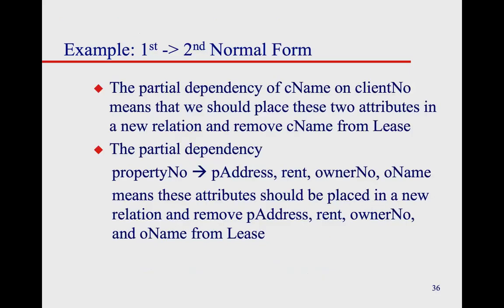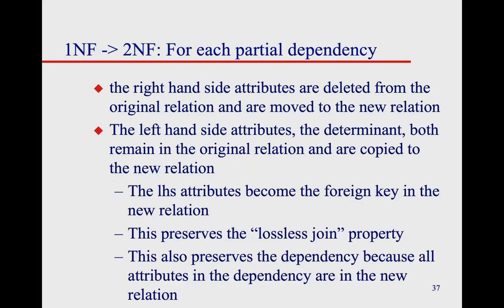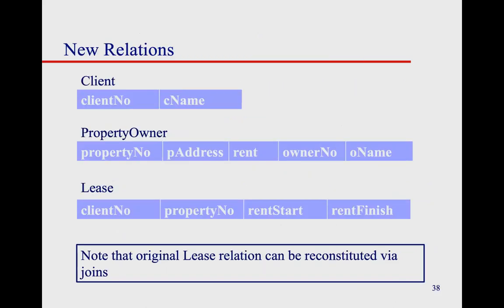Okay, so we're going to place each of these two functional dependencies into new relations, which we've done here. We call the first one client, we call the second one property owner. And notice with property owner, we also included any transitive dependencies.